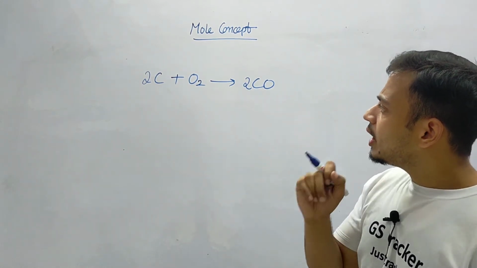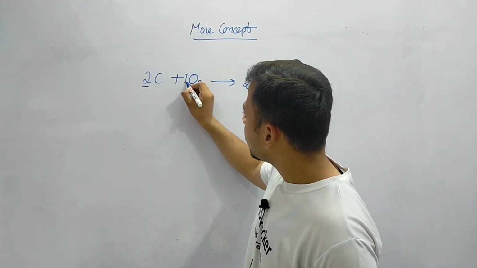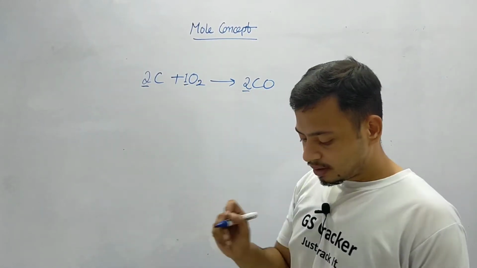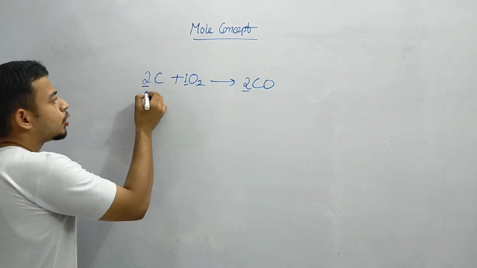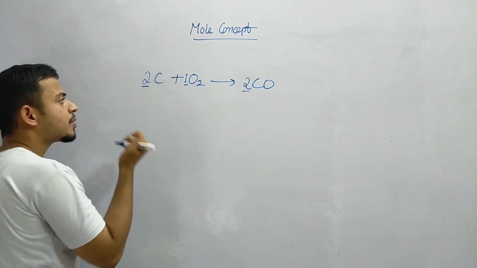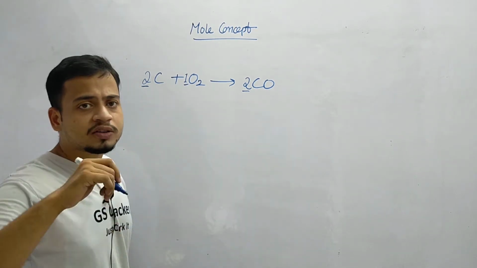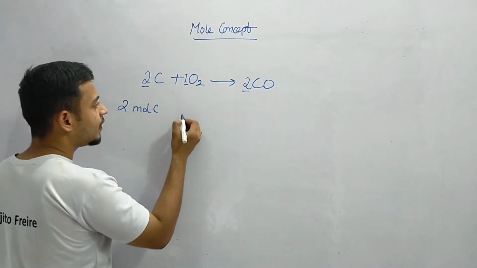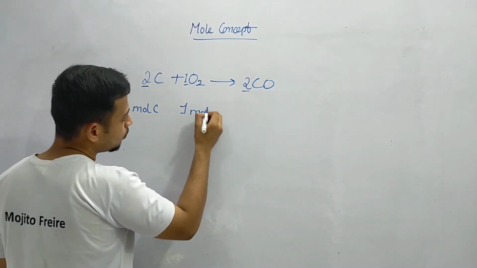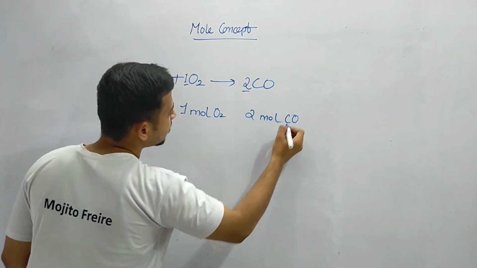Now, what do these numbers, 2, 1 and 2, imply? You can say 2 atoms of carbon react with 1 molecule of oxygen to form 2 molecules of carbon monoxide. You can also say that 2 mole of carbon react with 1 mole O2 to form 2 mole carbon monoxide.